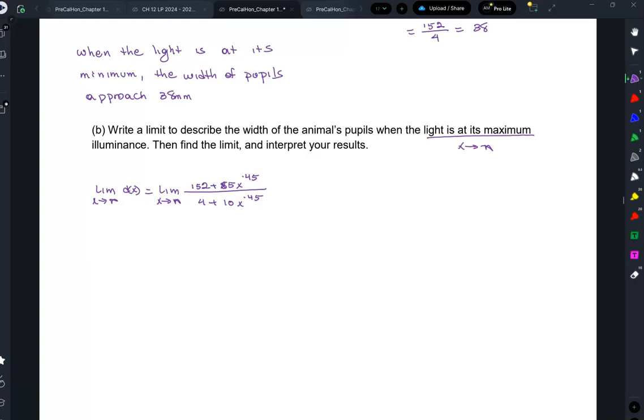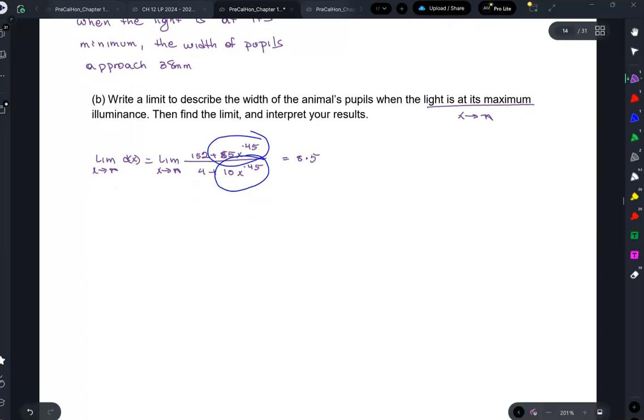So we're going to take leading term over leading term. The rest is a constant. It's the same degree, so it's 8.5.